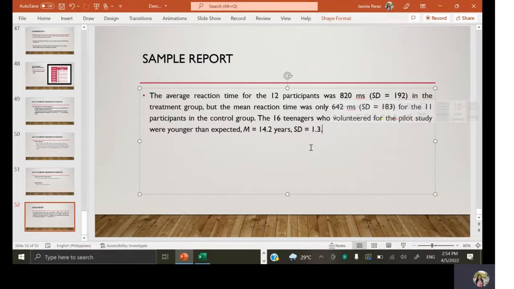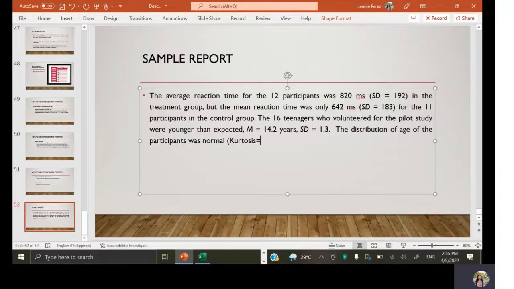You can also include here, let's say, for example, you say the distribution of age of the participants was normal, and then you can write here kurtosis, let's say 2.2, and Z value for skewness is 1.3.